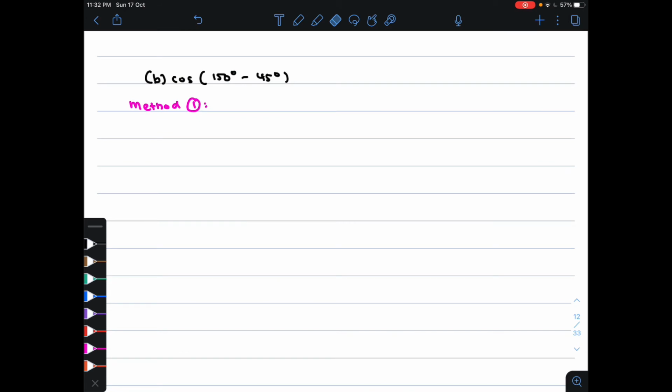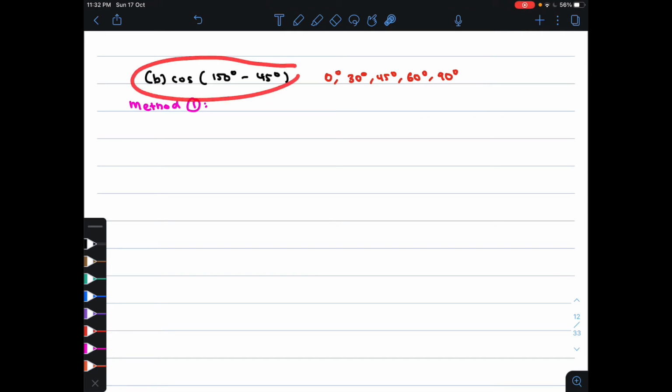For question B, we have cos 150 degrees minus 45 degrees. There are two methods for this question. Let's recall, for this question we cannot use the calculator, and we know that we need to use the special angles. Special angles are only 0 degrees, 30 degrees, 45 degrees, 60 degrees, and 90 degrees.